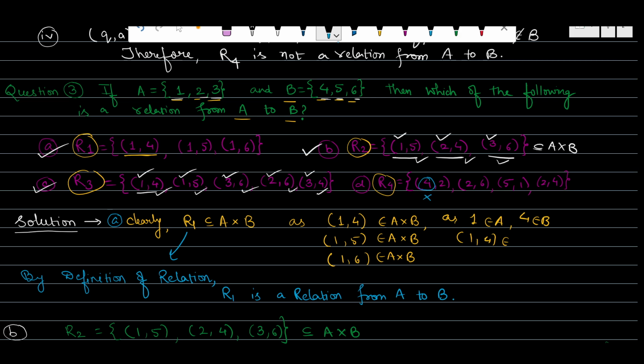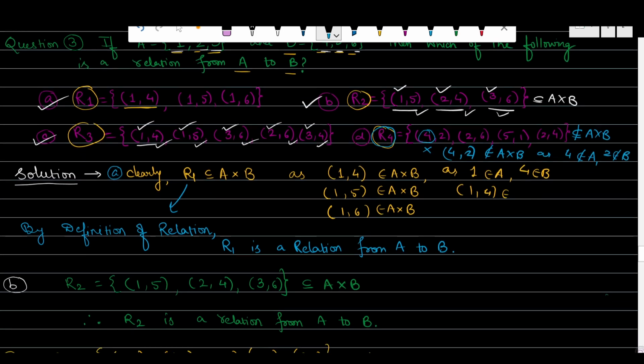No. This 4, 2 does not belong to A cross B. Why? As 4 does not belong to A and 2 also does not belong to B. So this R4 is not a subset of A cross B, and if any set is not a subset of A cross B, hence this set R4 is not a relation from set A to set B.